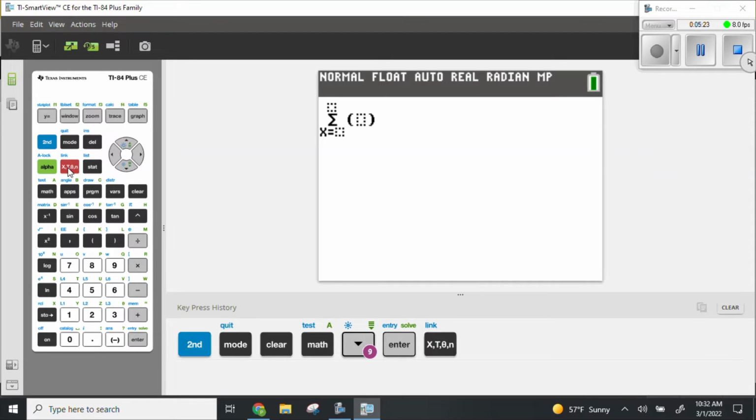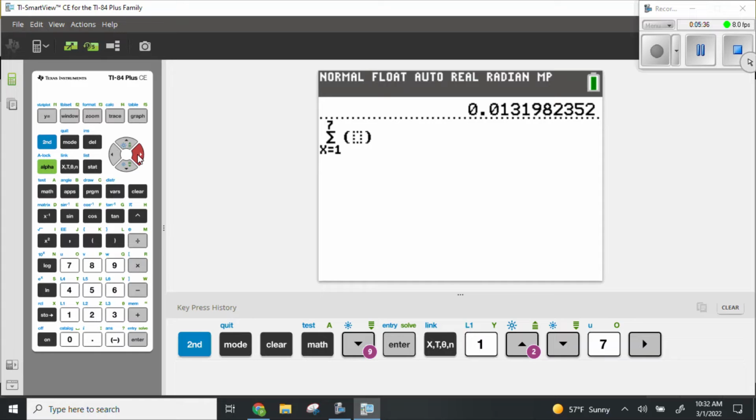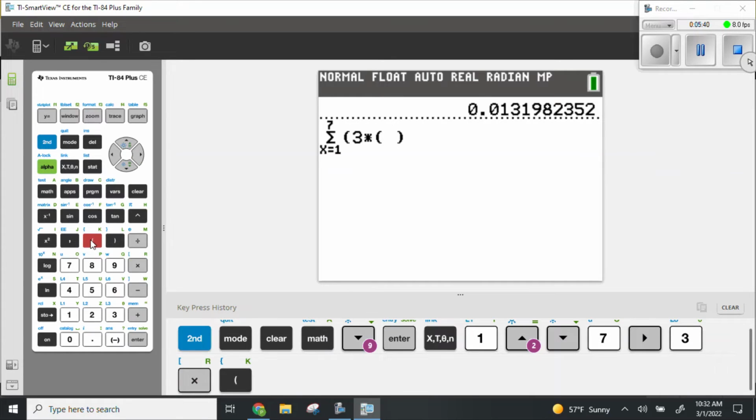I am going to recommend that you call this one x equals 1. We were going up to 7, I believe. Yep. Going all the way up to 7. And this was 3 times 2/3, that is getting raised to the x minus 1 power.